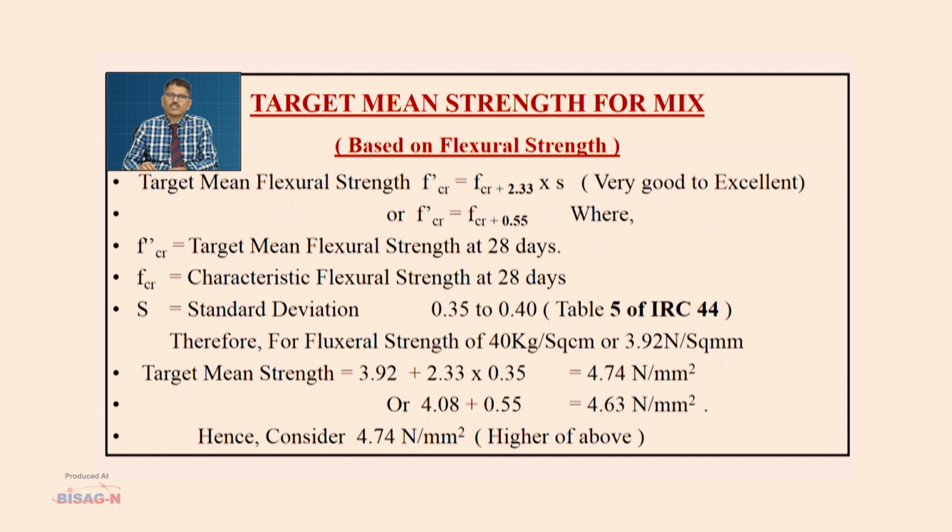The target mean flexural strength comes to 4.74, where F'cr is equal to Fcr plus 0.55 or Fcr plus 2.33 S, whichever is more, we have to take for design. So 4.74 is more, that is why I have taken it, and this 0.35 is the standard deviation as per IRC 44.